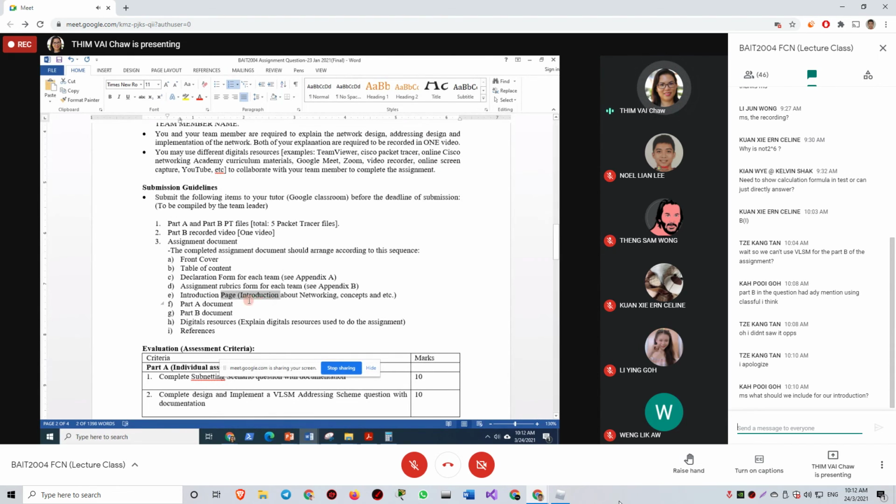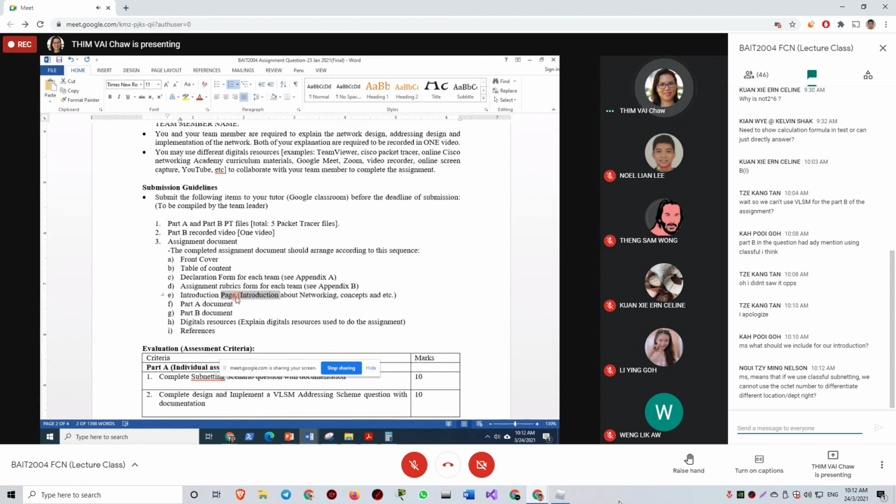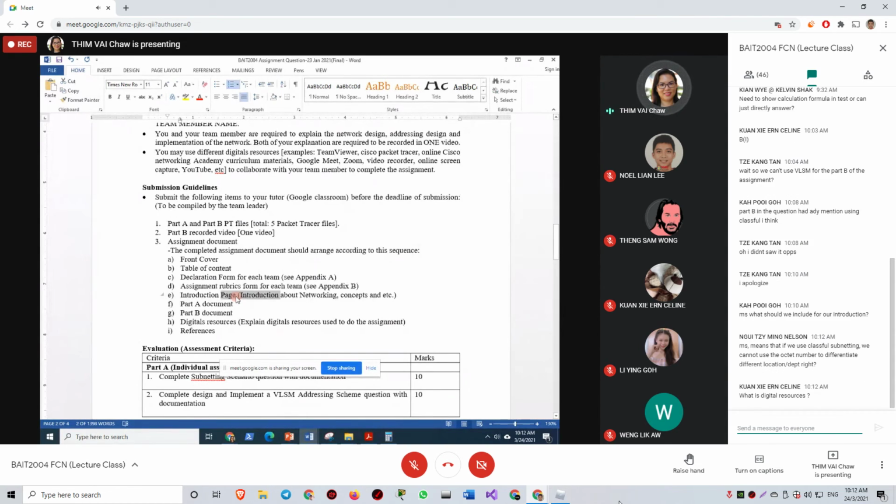It does not necessarily have to be a very long paragraph. Just a very simple, short paragraph that introduces networking and what you have learned. When you see the word networking, what concept do you have in your mind?